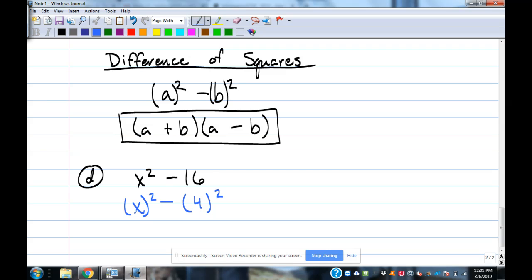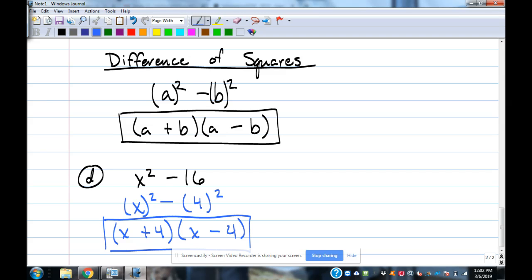X. X times x is x squared. Okay? What we've done is we've rewritten the problem as a squared minus a squared. What that allows you to do is take this shortcut and have two parentheses, x plus 4 and x minus 4. And you factored a difference of squares.